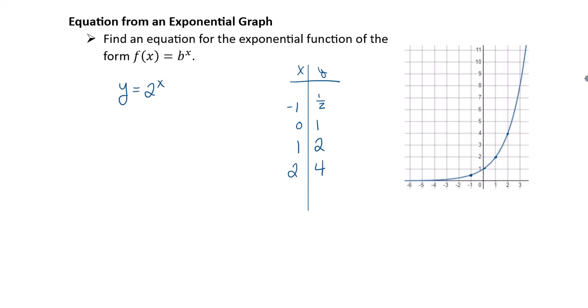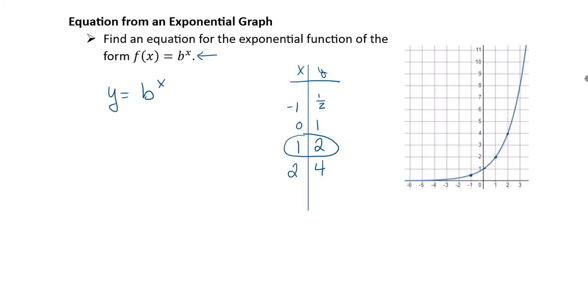I know that I start out with this function y = b^x because we've been told it's of this form. Let's pretend we don't know what the base is and we need to figure this out. Well, I do know that I have this point (1, 2). Perhaps I can put that in for x and y, substituting them, and then find the base.